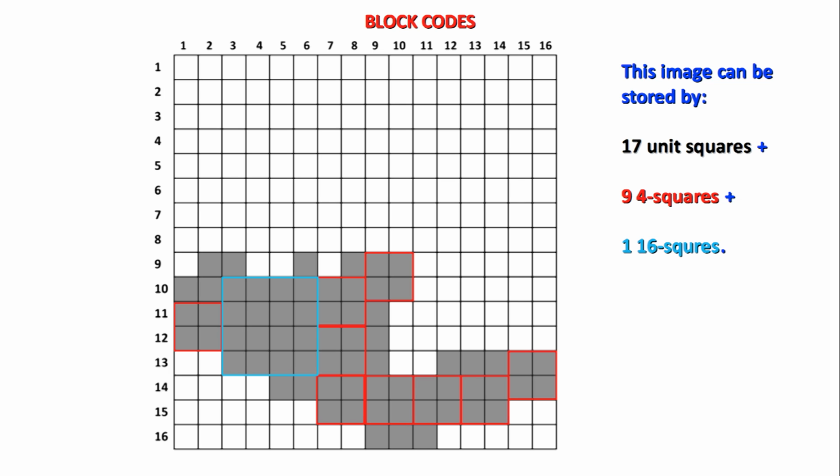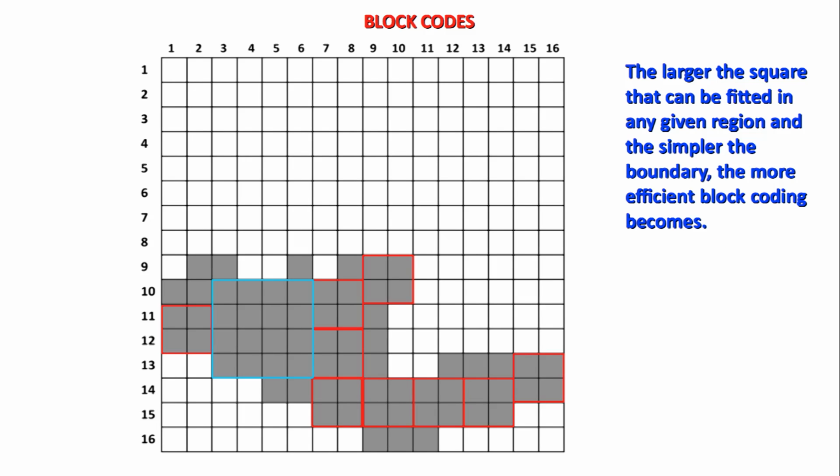Therefore the entire image can be stored using certain codes, and it is quite efficient. The larger the squares that can be fitted in any given region, and the simpler the boundary, the more efficient block code becomes.